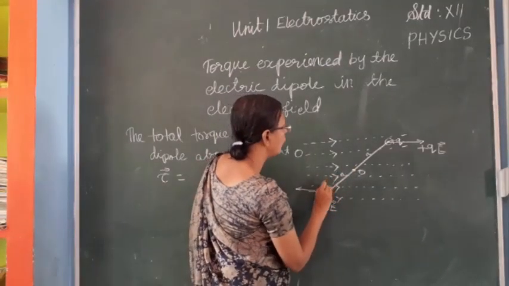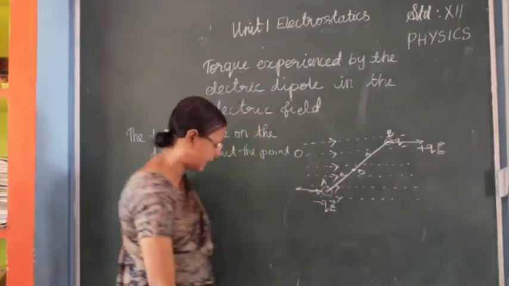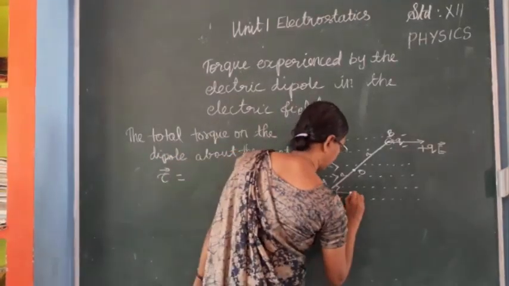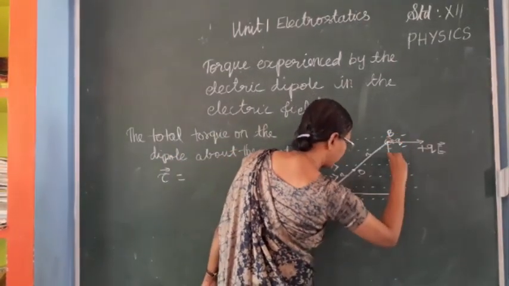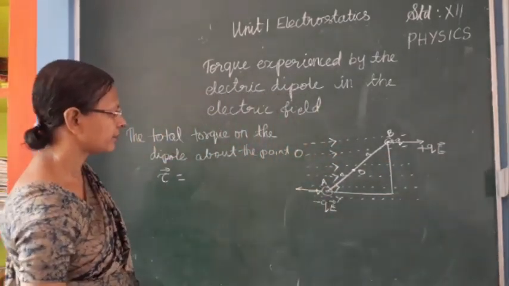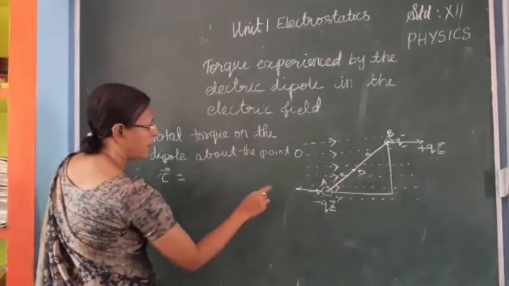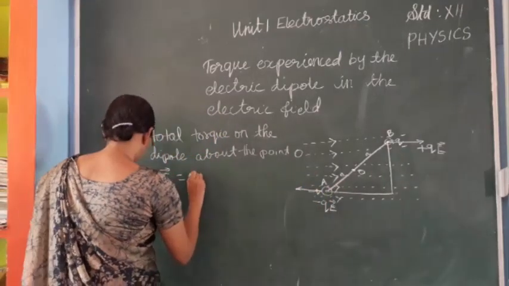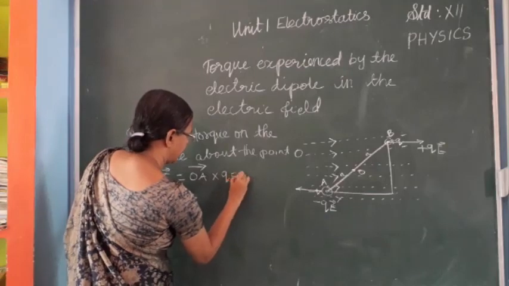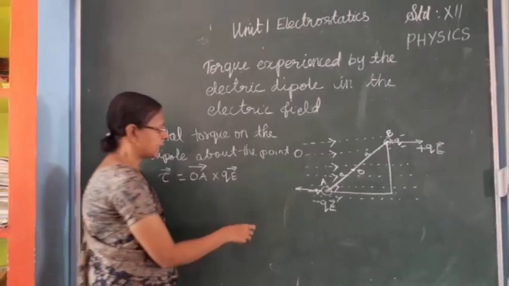This minus Q we can take as A. This plus Q we can take as B. We want to find the resultant, so I want to draw that here. This is the diagram. So here tau is equal to OA vector cross QE vector.